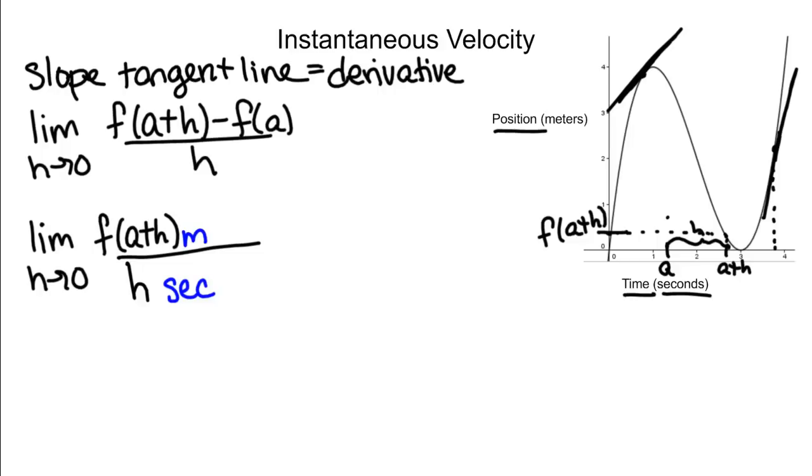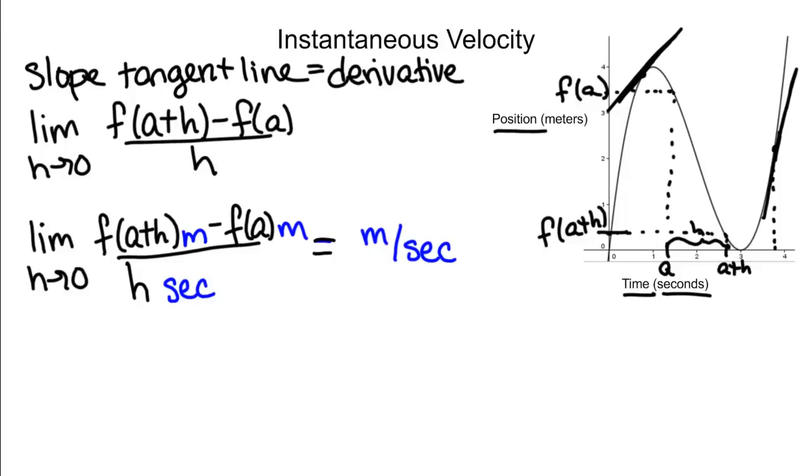And then f of a is the y value at a. So minus f of a, and f of a, since that's a y value, is meters. So we're going to get a value that is in meters per second. So again, we're getting units that match up with velocity.